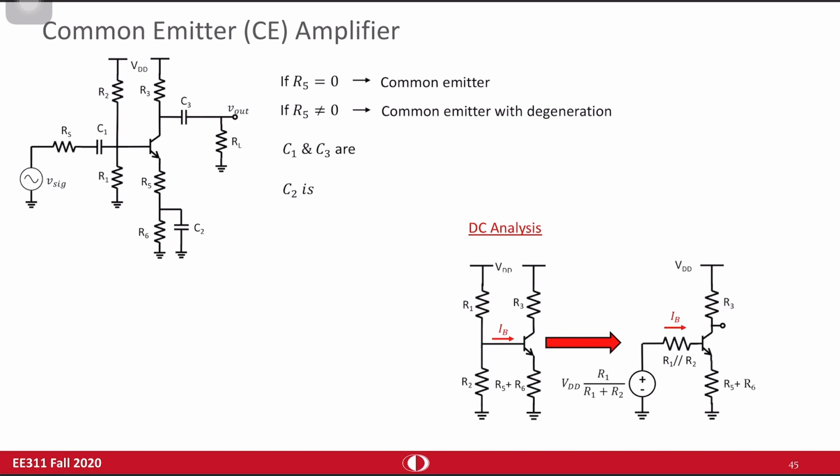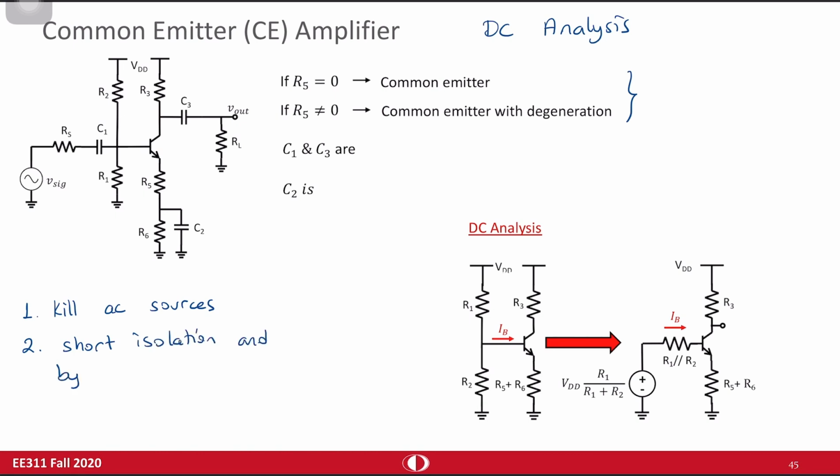For DC analysis, I am doing the same thing for both common emitter and common emitter with degeneration. The first thing, kill AC sources, and then short isolation and bypass capacitors.